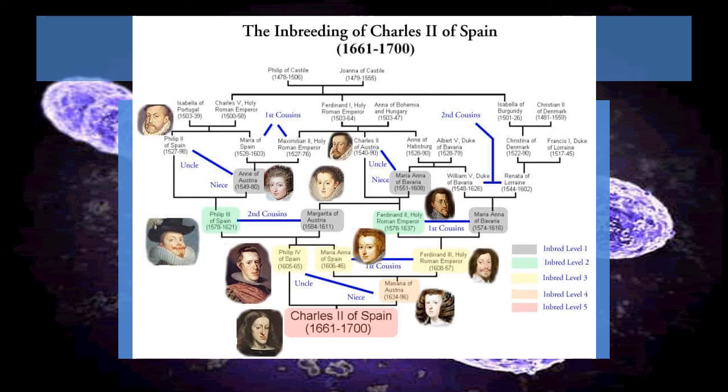So here you can see the inbreeding of Charles II of Spain, and you can actually search up the Habsburg chin, and that's what you see right here in the pictures, the chins that stick way out. It's a mutation, but it was a dead giveaway that you were part of this royal family. You passed along this trait, this Habsburg chin. So this one's a little bit reversed because it's at the bottom and it's going up.